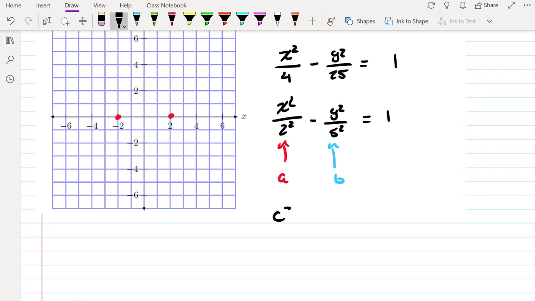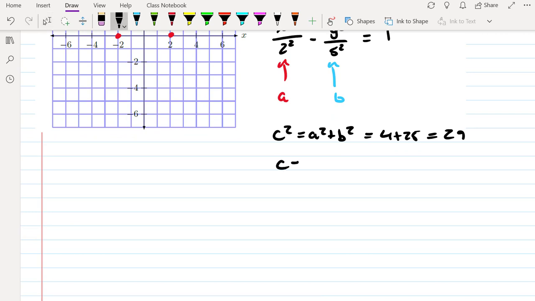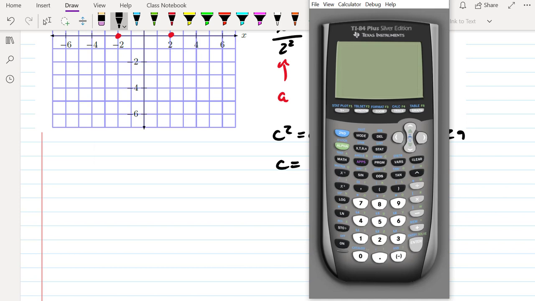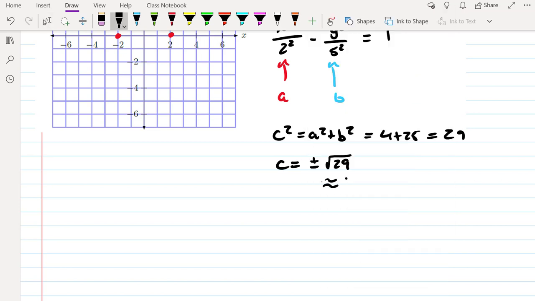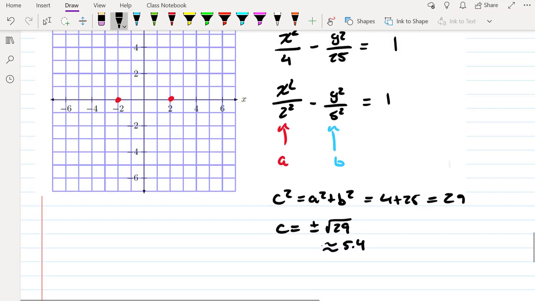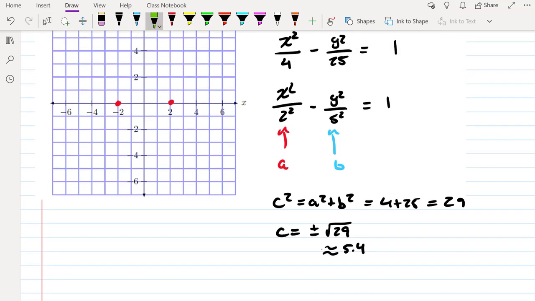And we would have c squared is equal to a squared plus b squared. So that's 4 plus 25, which gives us 29. And that c gives us plus or minus the square root of 29. The square root of 29 gives us 5.38, so about 5.4. So then our foci are going to be at 5.4 and negative 5.4.